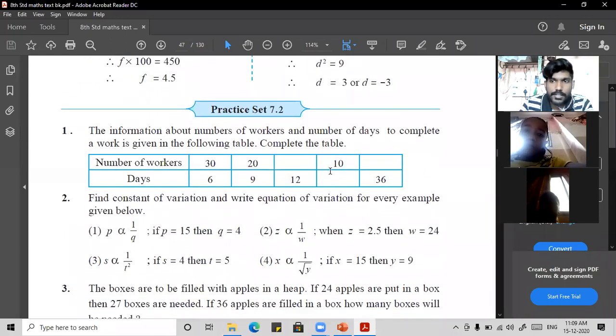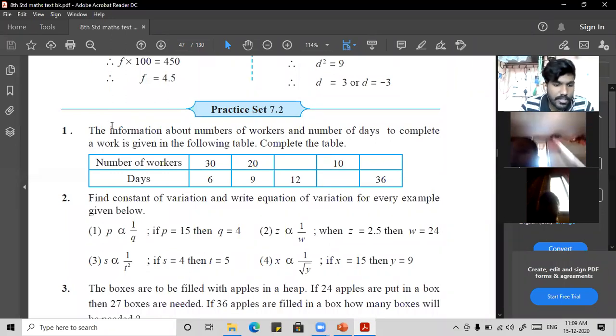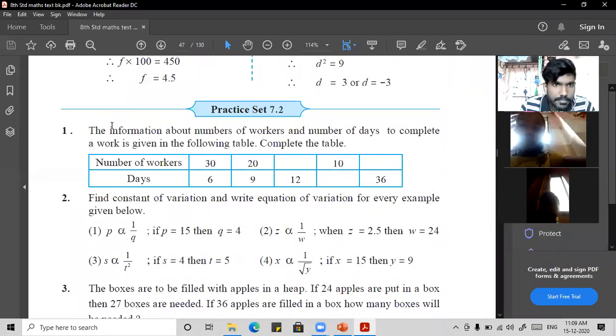Okay, so you can see practice set 7.2, the first sum. So this sum was remaining. So I'll do this sum.